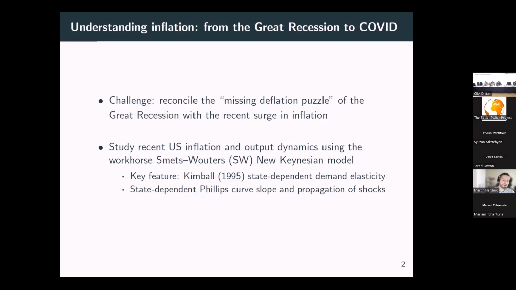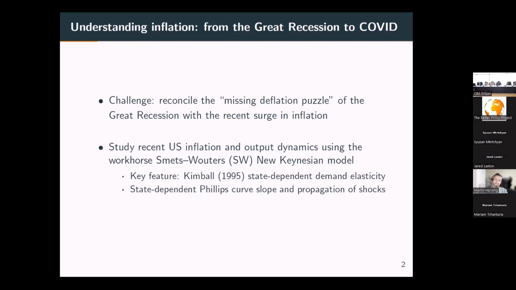And so the way that we're going to do this is that we're going to study recent US inflation and output dynamics using the workhorse Smets-and-Wouters new Keynesian model, so a very standard framework. But the key feature that we are going to be leveraging here is the Kimball state-dependent demand elasticity faced by intermediate good producers in the model.